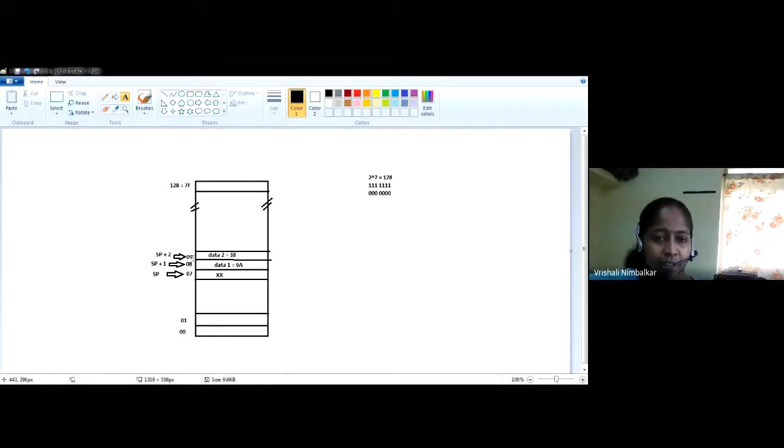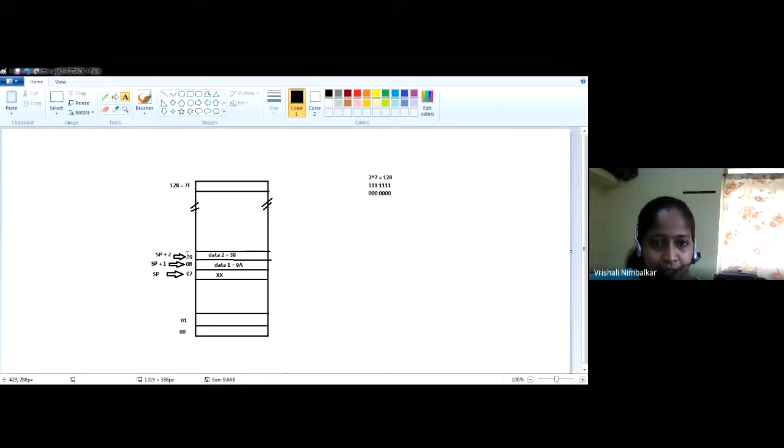And now where is it pointing now? It is now pointing to data 2. What is that address? 09 hex. Beyond that, we have not entered anything. So 09 hex is called the top of stack.